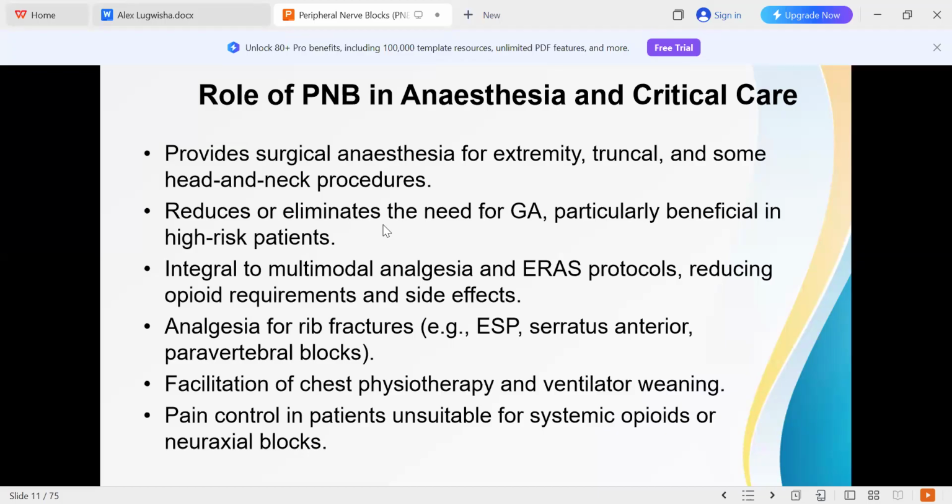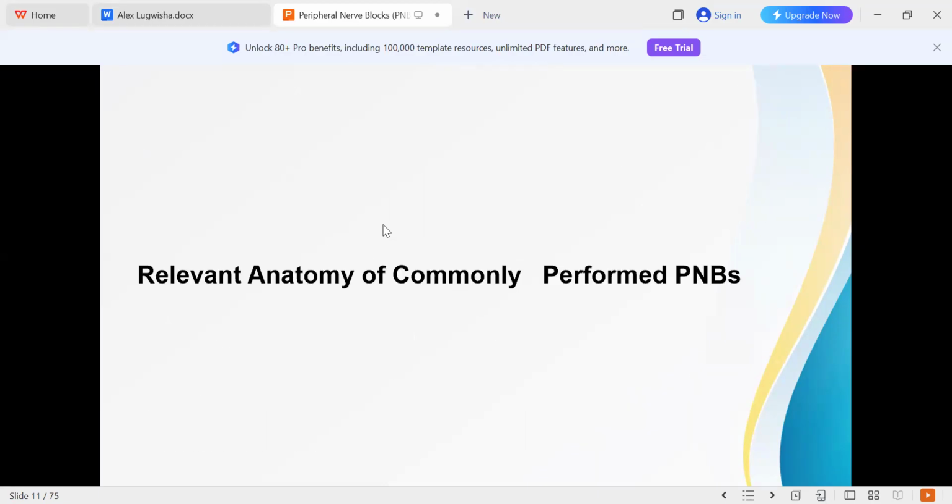For patients who are unsuitable for systemic opioids or for whom neuraxial block is contraindicated, you can provide peripheral nerve blocks.